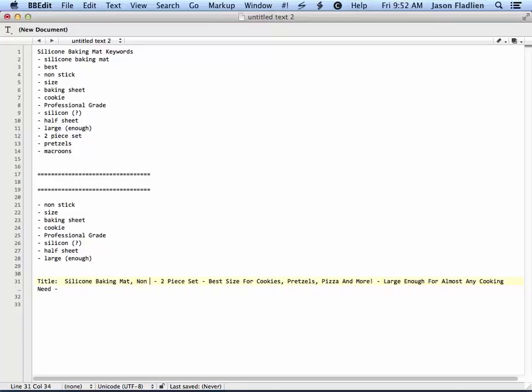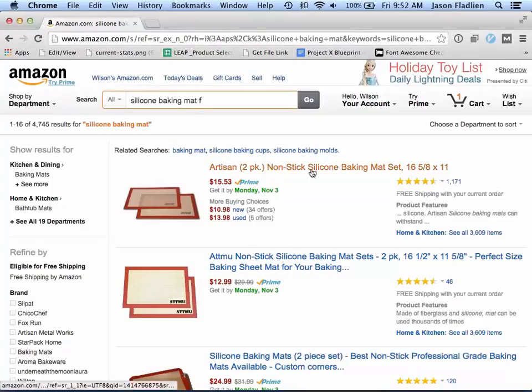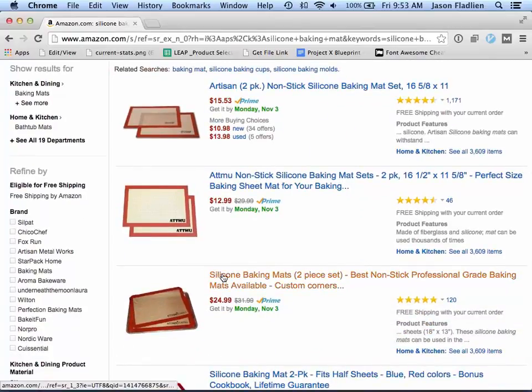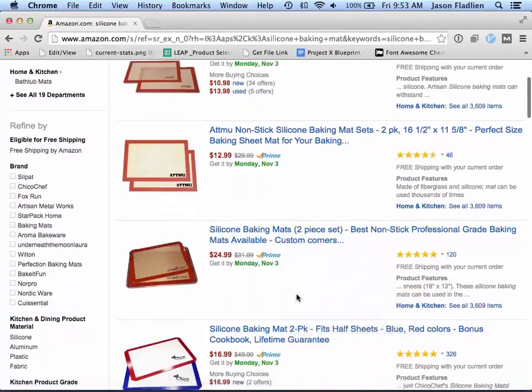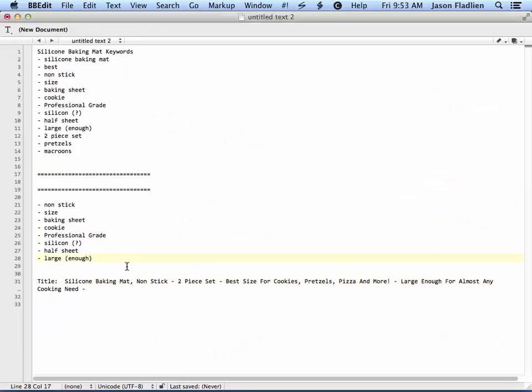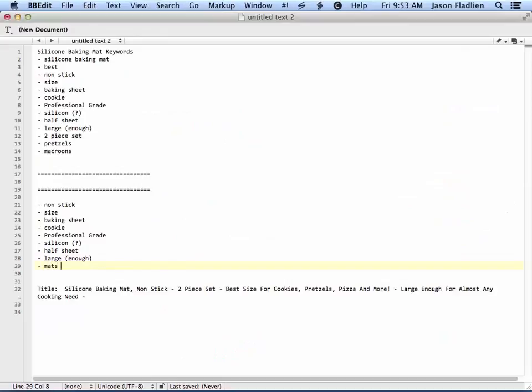Now see, I just did something here which most people don't do. I put silicone baking mat, comma, non-stick. Here's the reason why. This is the only one that starts with silicone baking mats, and mats is plural, which is an interesting thing I just picked up on now that I might put in there as well. And I'll make a note for myself there.